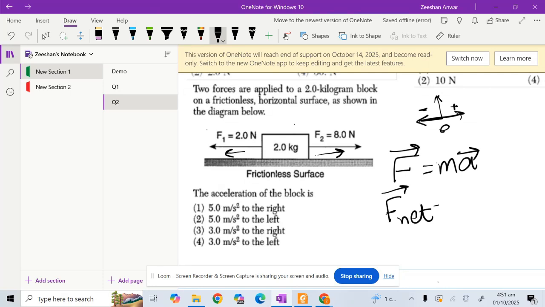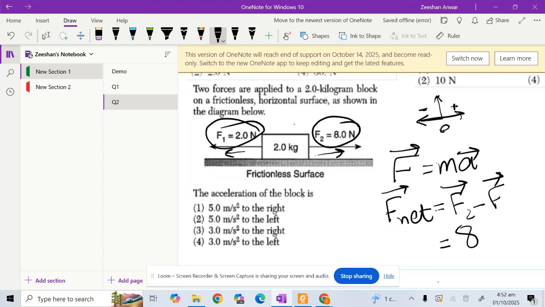For net force, I already told you that this direction will be taken as positive, so we'll take F2 as positive. Okay, and we take this as negative, minus F1. Putting their values, we get 8 minus 2 is equal to 6 Newton.